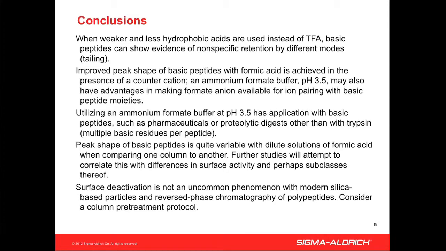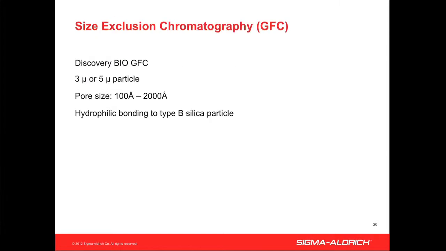So I'm going to jump to the second topic then here, and some size exclusion chromatography done on a new line of Discovery Bio GFC, gel filtration, size exclusion. This is available in 3 or 5 micron particles, pore size from 100 angstrom up to 2,000 angstrom. These very large pore sizes are really more useful for vaccine and virus development.